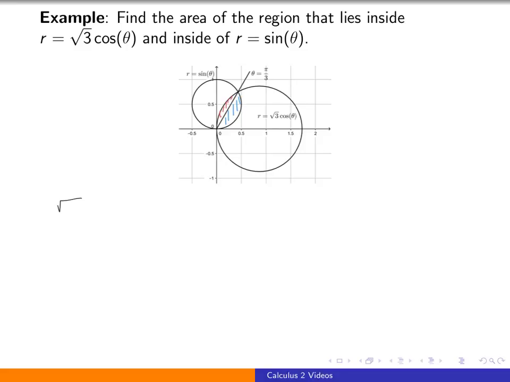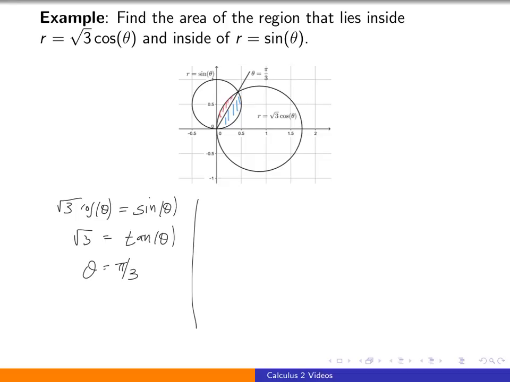We need to know, where does the curve root 3 cosine theta equal sine theta? So root 3 is equal to sine over cosine, which is tangent, and this occurs specifically when theta is equal to pi over 3.